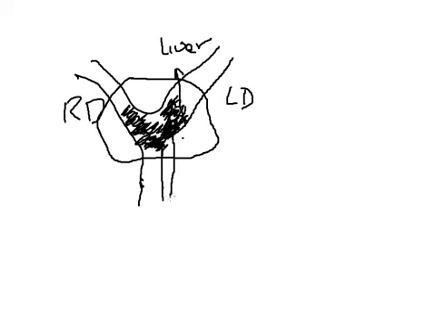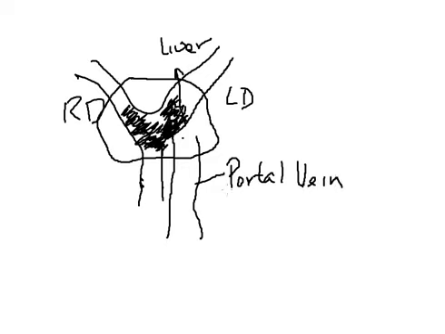And there's a structure called the portal vein, which delivers blood to the liver, as well as the hepatic artery, but there's a left and a right system as well. And a lot of times there's invasion of the portal vein. So it's not as easy or as simple as just removing that part of the bile duct. Sometimes it is, but other times it's not.